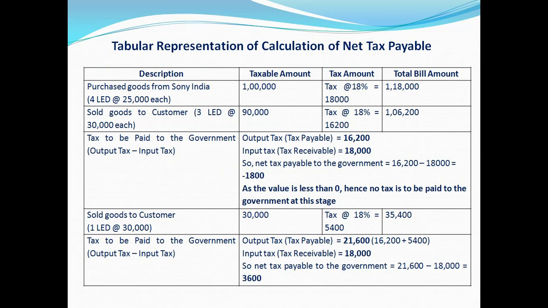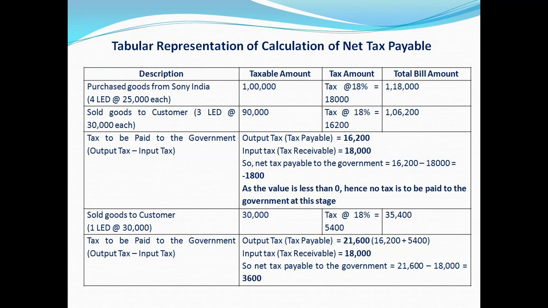Suppose a company has purchased 4 LED TVs at the rate of 25,000 each, so the taxable amount is 1 lakh rupees. Tax charged on these goods is at the rate of 18%, so the tax amount is 18,000. Now the company sells 3 LED TVs at the rate of 30,000 each and the taxable amount is 90,000. The percentage remains the same, 18%, and the tax amount is 16,200.